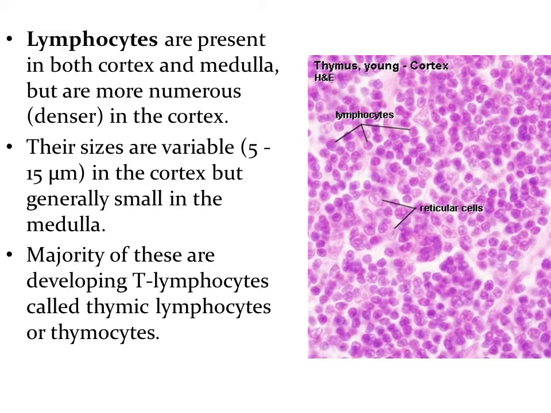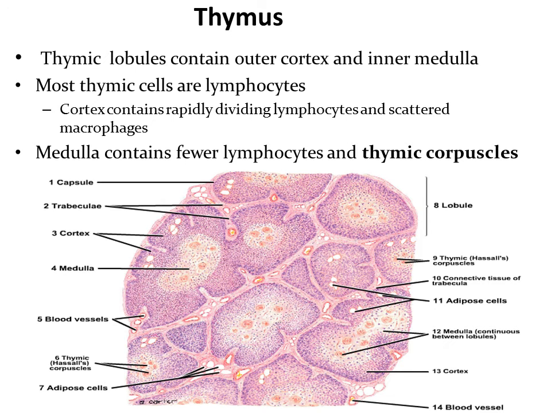And look at this slide. You can see here there are lymphocytes and reticular cells, which are important for the network formation in the parenchyma of the thymus. The thymic lobule contains an outer cortex, as I told you, and an inner medulla.